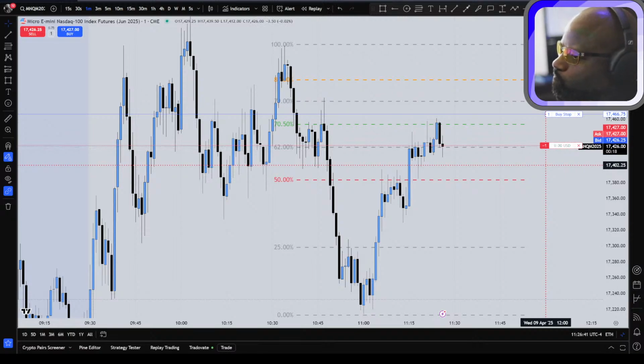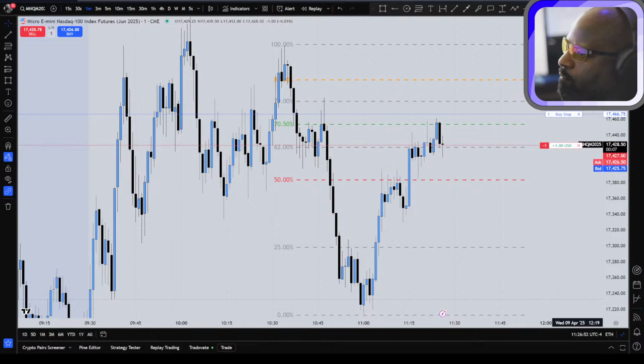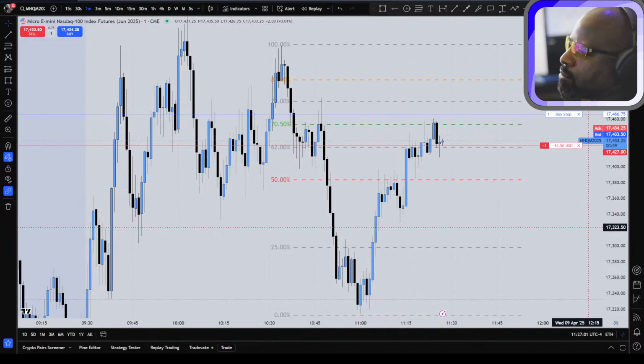That 15-minute high is also the high of the hourly candle, but we have quite a bit more time left in the hour. We have 33 minutes left in the hour. It just quickly returned to that closing price.